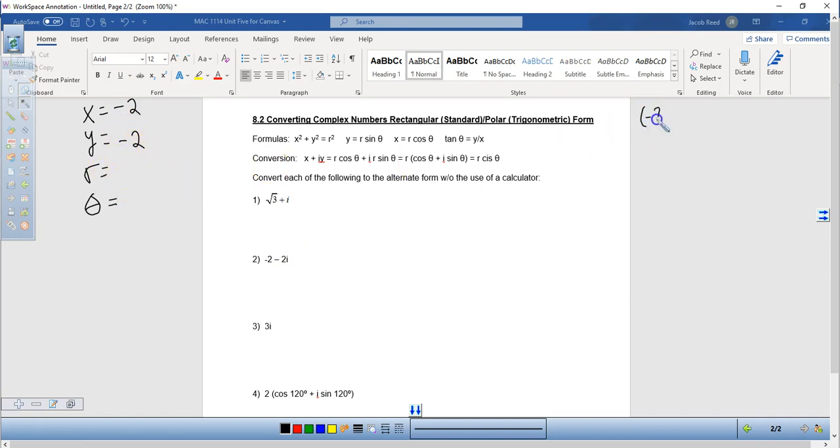So over here I've got negative 2 squared plus negative 2 squared equals r squared. So that's 4 plus 4 equals r squared. So 8 is equal to r squared. That means that r is equal to the square root of 8, which, if we simplify, is 2 square root of 2.